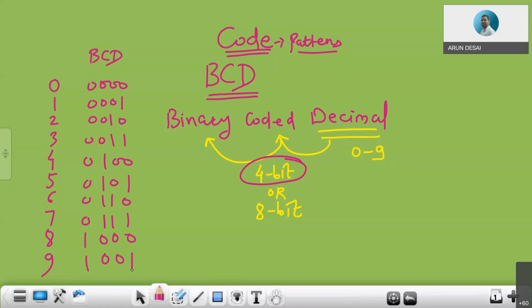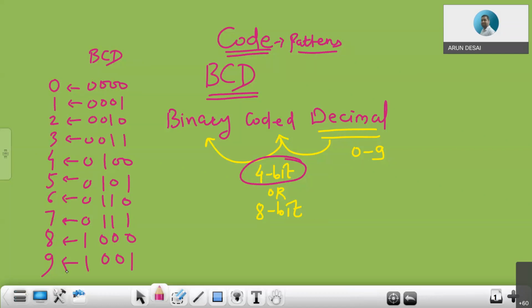This is how BCD is encoded for decimal numbers. How many decimals are there? Total 10, 0 to 9. So a 4-bit binary pattern is used for decimal numbers. So it is an encoding format.